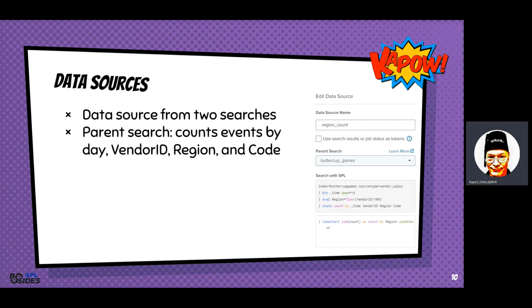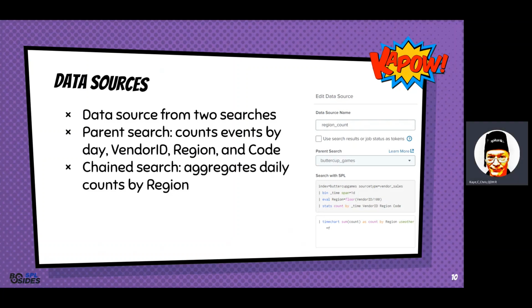I tend to use multiple dimensions so that the same parent search can be used for different charts and tables in the dashboard. Next, there is a change search, which creates the actual data for this particular chart, which sums the counts by region.